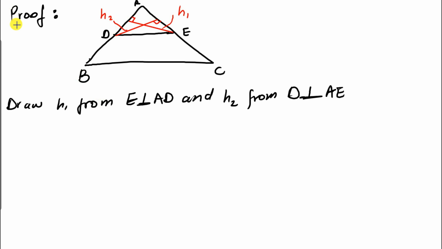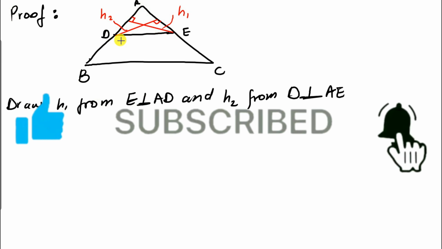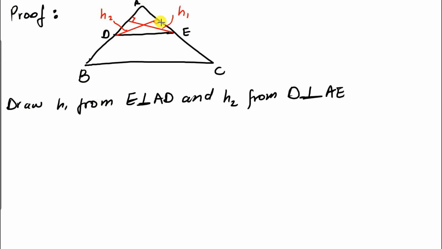As you can see, draw H1 from E, perpendicular to AD. And then H2 from D, perpendicular to AE. Here it is. Can you see that? Perfect. This one is H2.